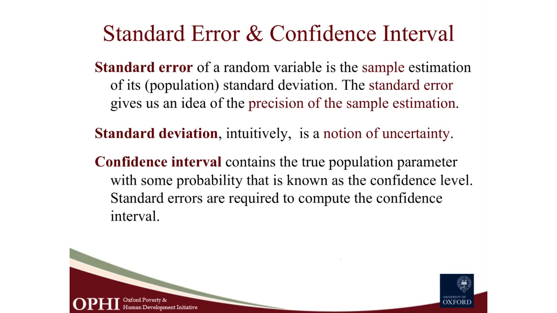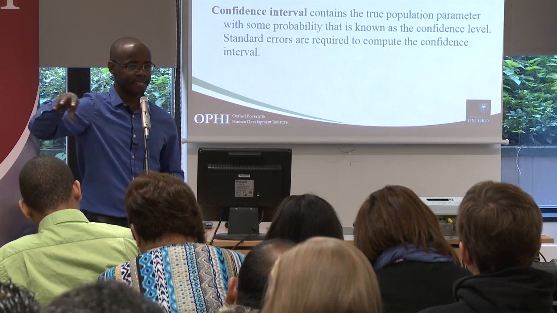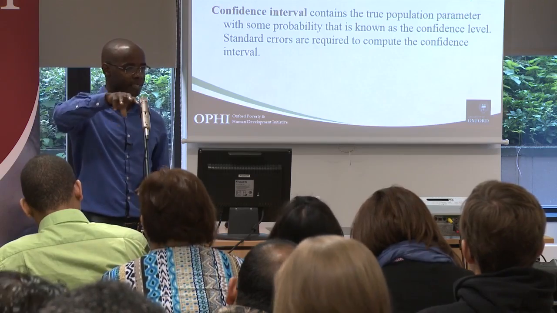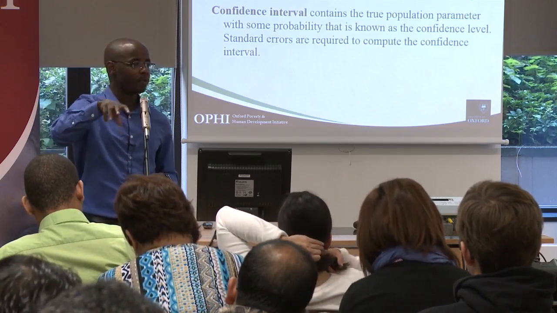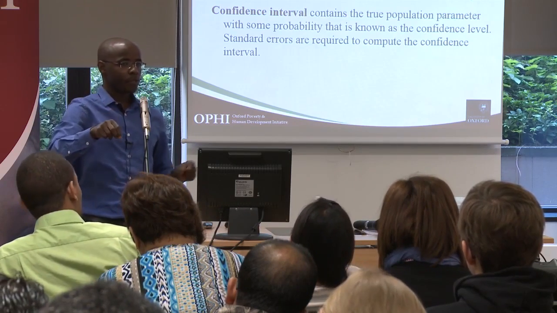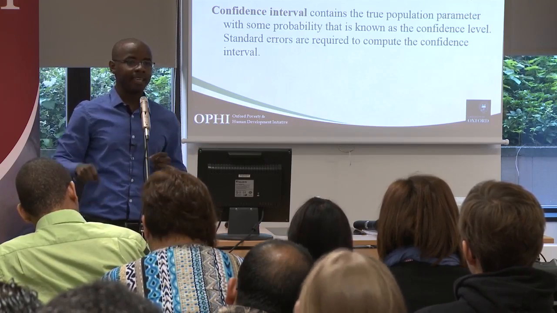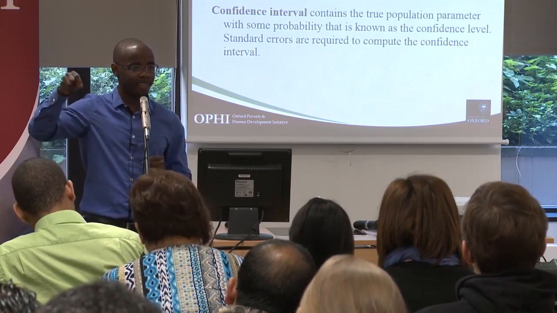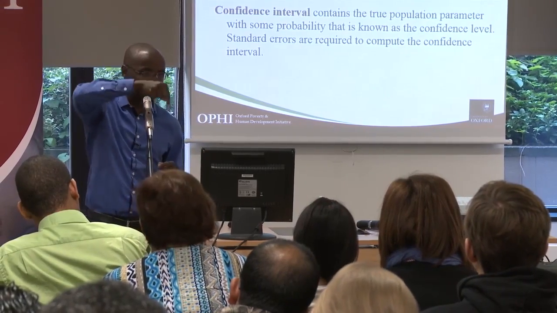The way to see it is, let's say you have 100 different samples, and for each sample you compute an estimate. What the confidence interval tells you is that in 95% of cases of these samples, you will get a value that belongs to the interval.